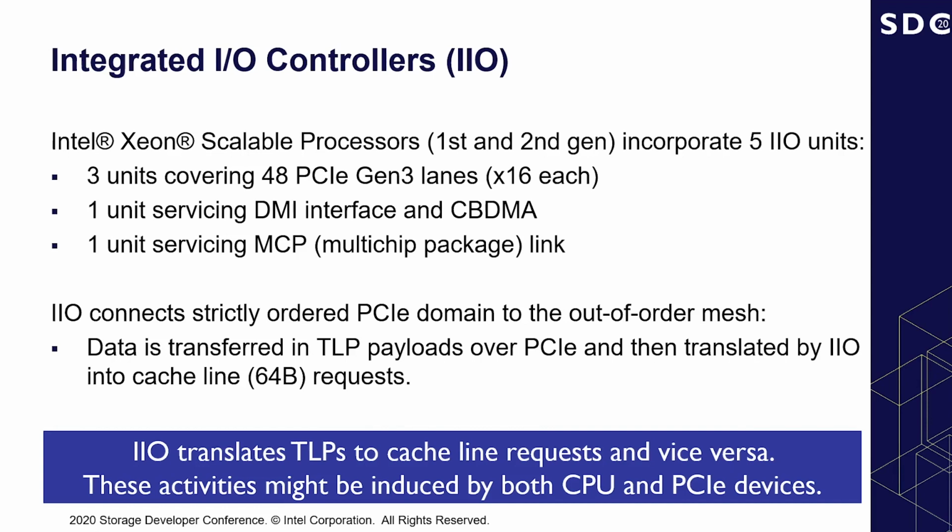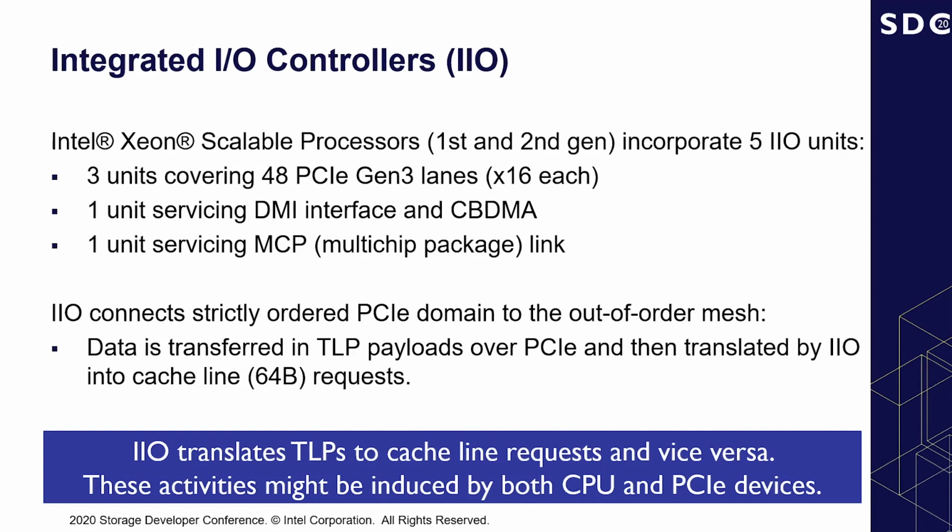So the role of the IIO here is to take our strictly ordered PCI Express devices and translate their requests to the out-of-order mesh. Think about a PCI Express device that wants to write 256 bytes of data into the SoC.